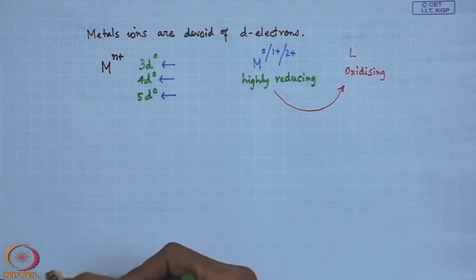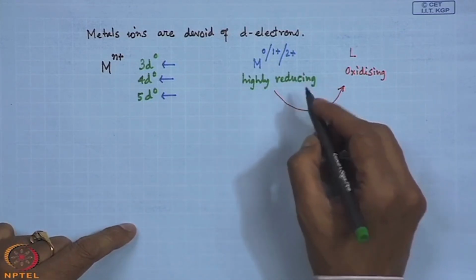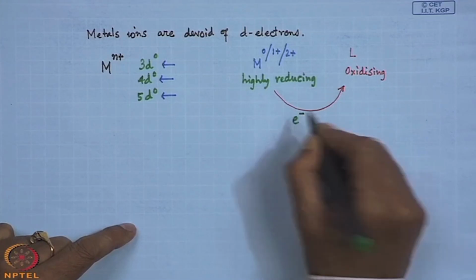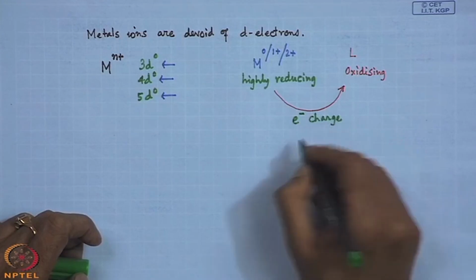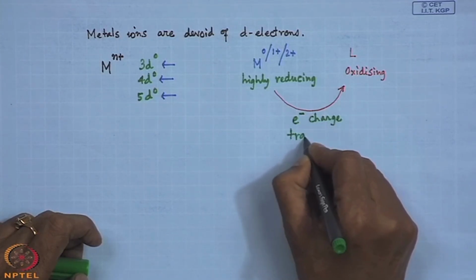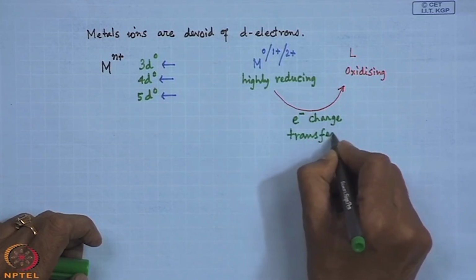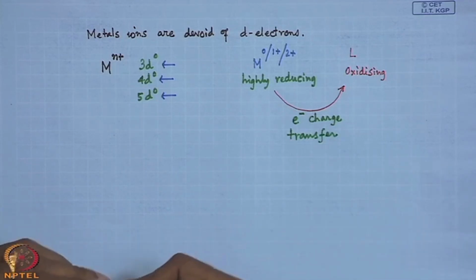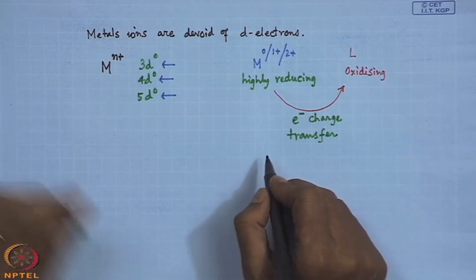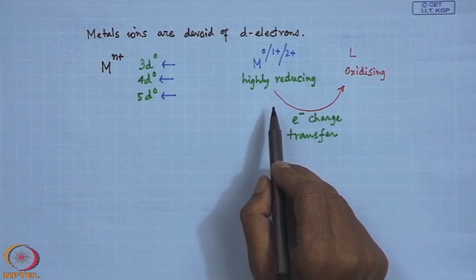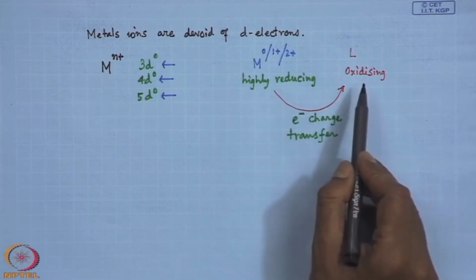Here the transfer of charge is nothing but the electronic charge transfer, which can take place in the opposite direction, from the metal to the ligand.